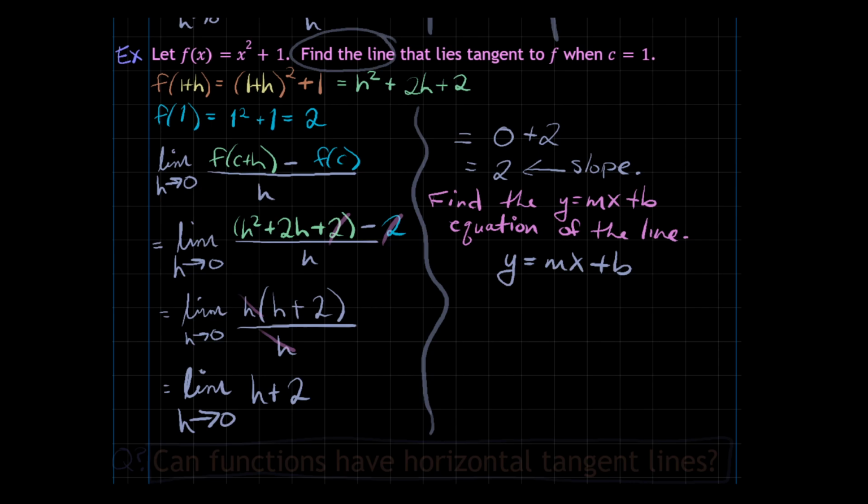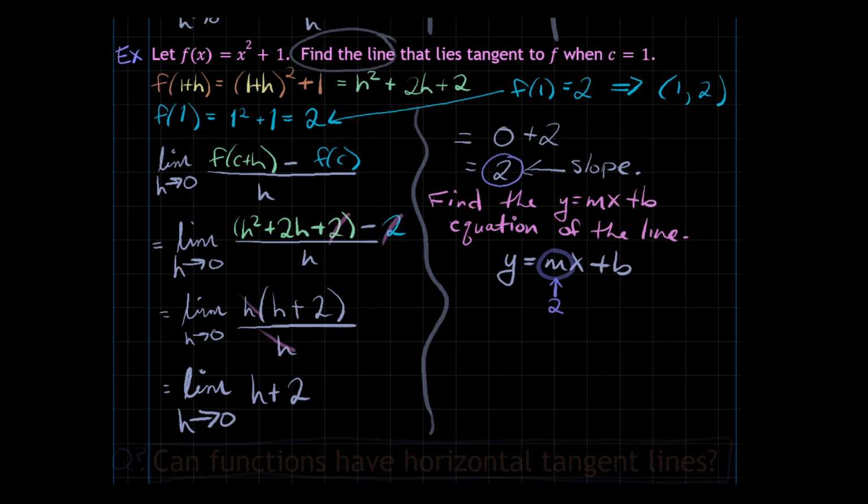Alright, my slope is going to be 2. My x value is going to come from the fact that f of 1 equals 2. That tells me that the point 1, comma 2 is on the graph.